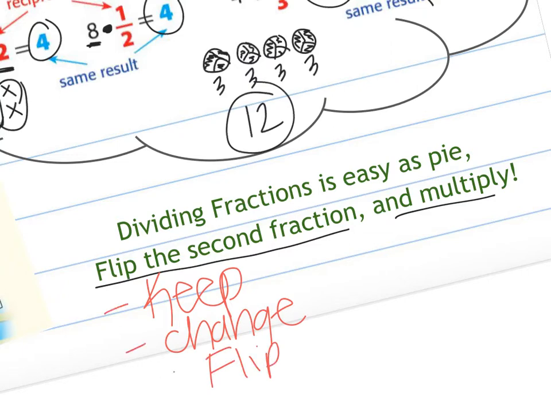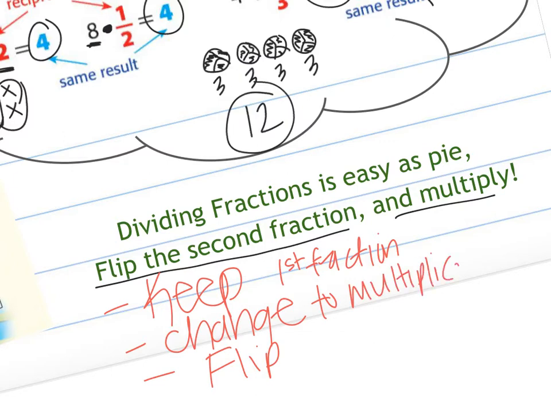So keep, change, flip. Keep the first fraction, change to multiplication, and then flip the second fraction, which is the reciprocal or the multiplicative inverse.